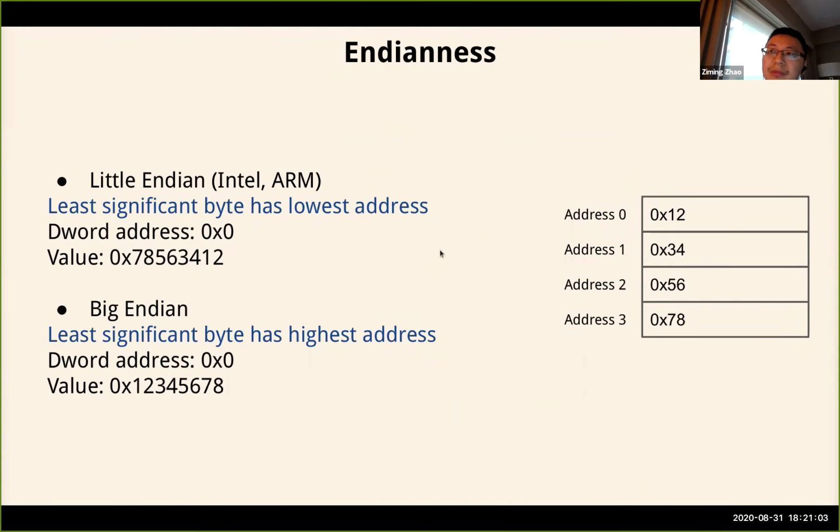Obviously, you can put them into 4 different locations, and there are many ways to do so. The two most popular ways are called little endian and big endian. The platforms I usually work on are all little endian, which makes things a little bit easier. So the system we're using is just little endian.